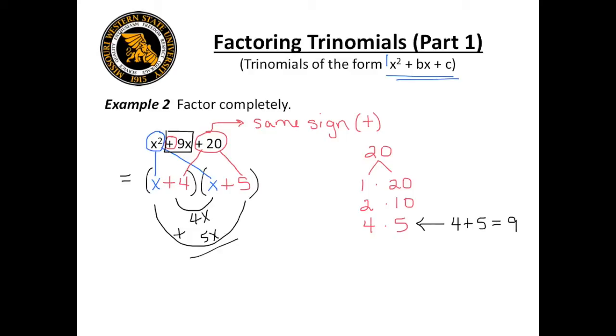When we add those together, we get 9x, which is a good thing because we want it to match the middle term of our trinomial. So based on our work, we can conclude that x squared plus 9x plus 20 can be factored as x plus 4 times x plus 5.